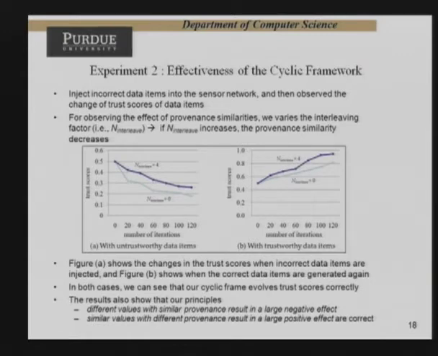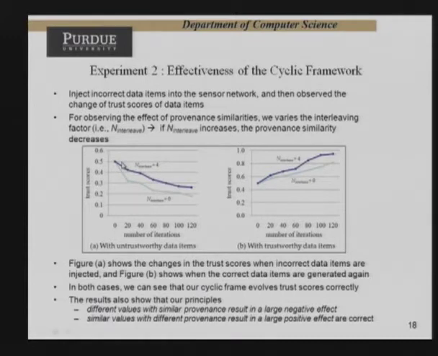And the second experiment results show the effectiveness of the cyclic framework. In this figure, we show two kinds of sensor networks and data generation to show the effect of the difference in provenance. And in the first graph, we start with the default trust score 0.5.